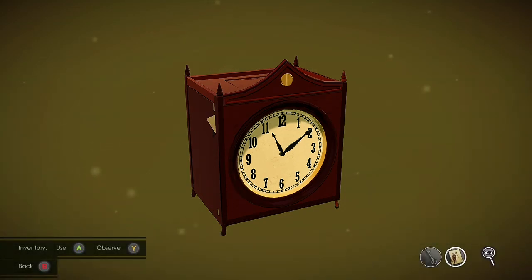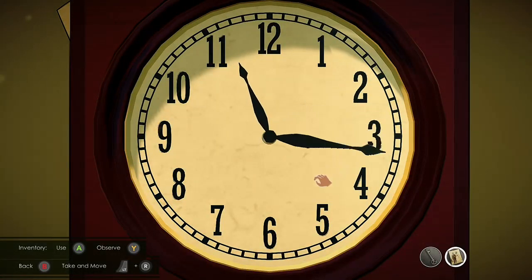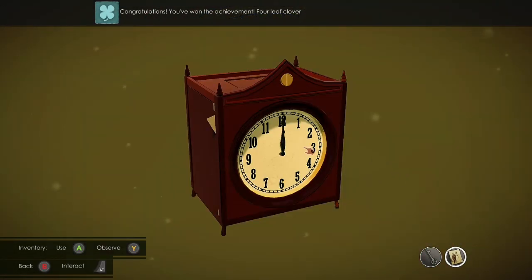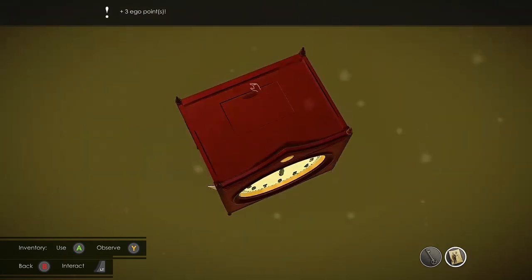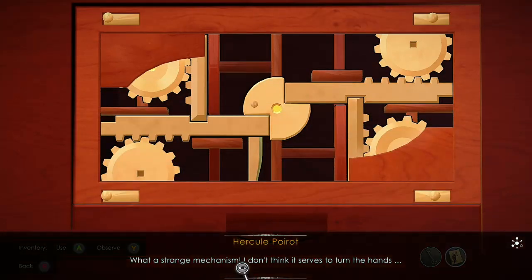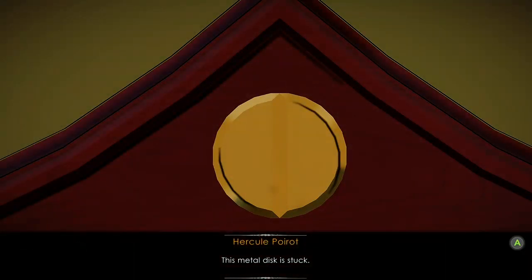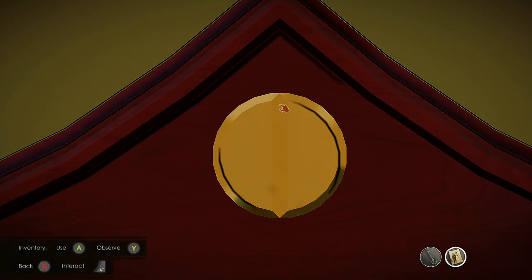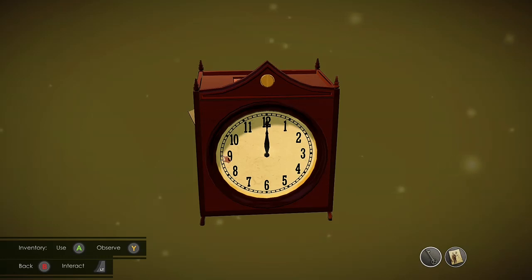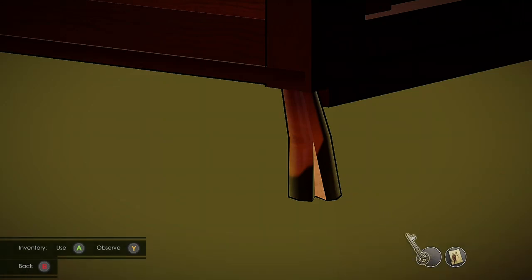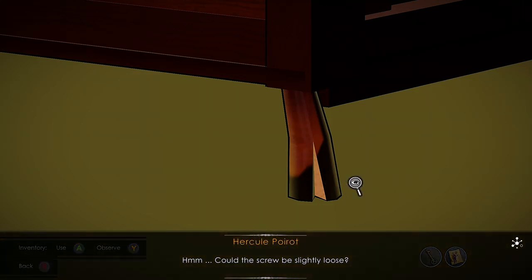Strange. This metal disc is stuck. Could the screw be slightly loose?